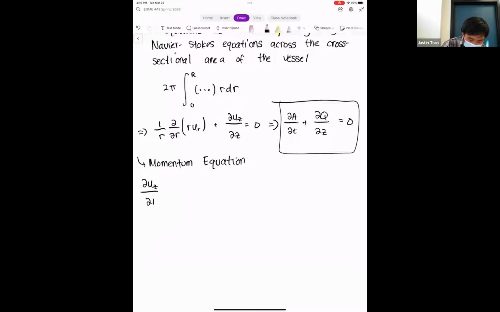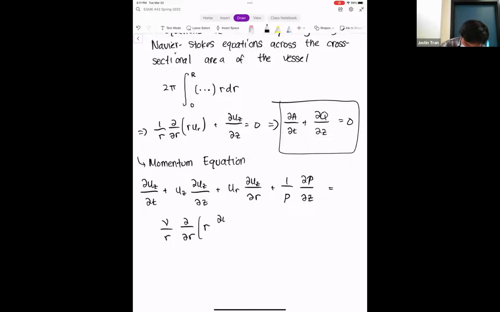We have partial uz partial t plus uz partial uz partial z plus ur partial uz partial r, plus 1 over rho partial p partial z, is equal to nu over r partial r of r partial uz partial r, plus nu partial squared uz partial z squared.